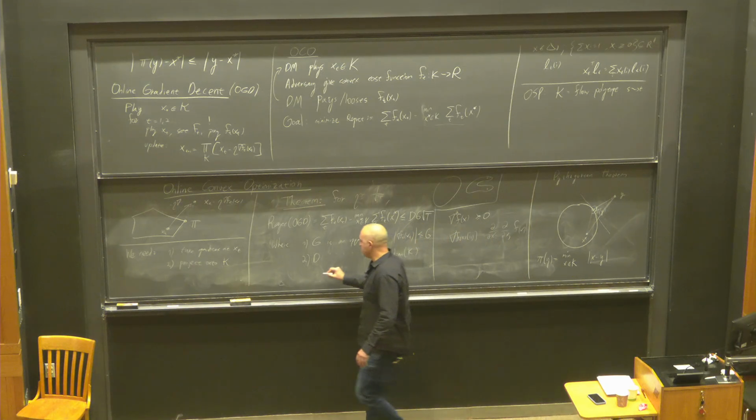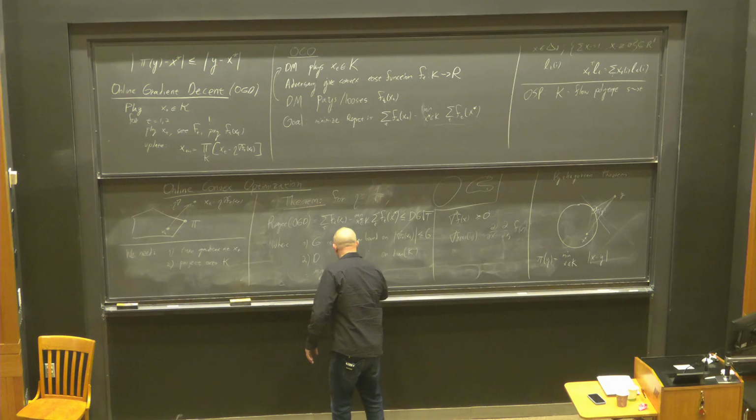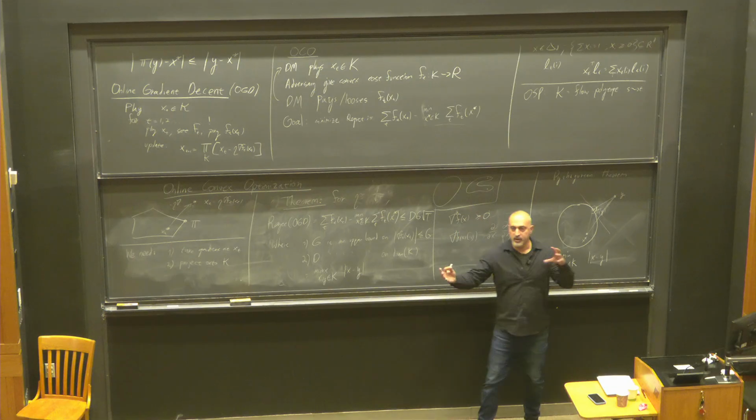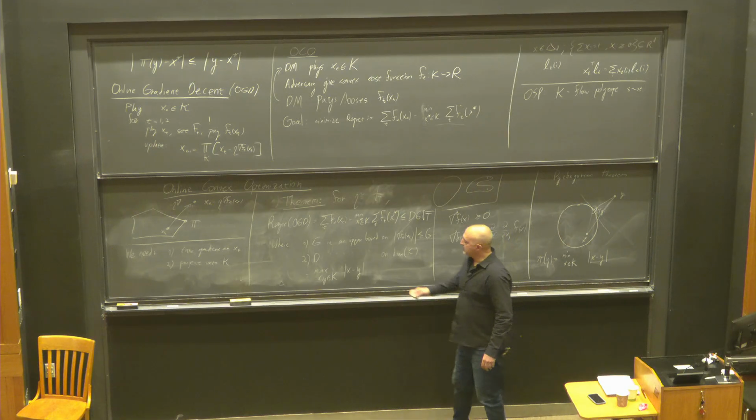That is equal to the maximum over all x, y in K of the norm of x minus y. So how far away can two points be inside of K? That goes inside my bound.